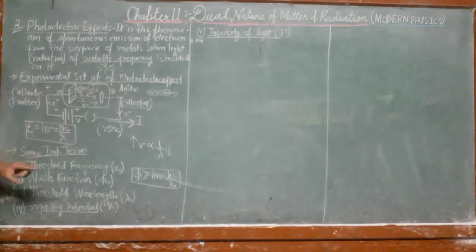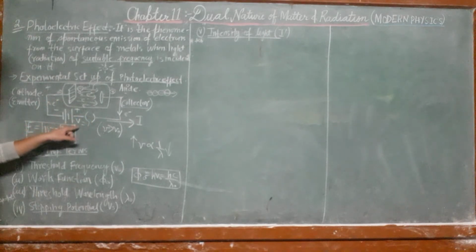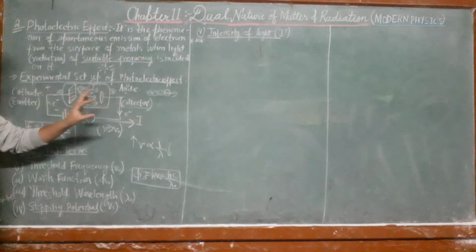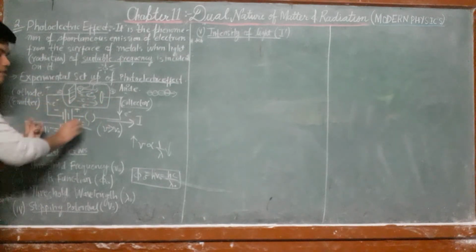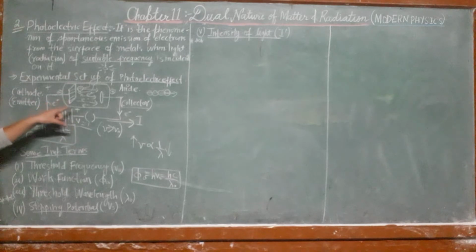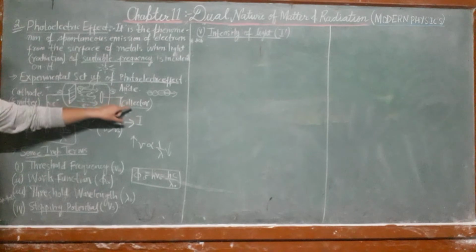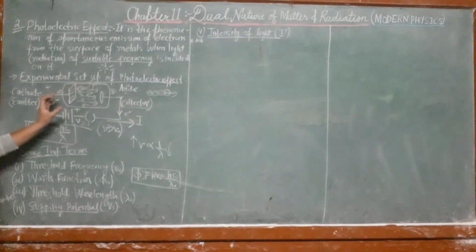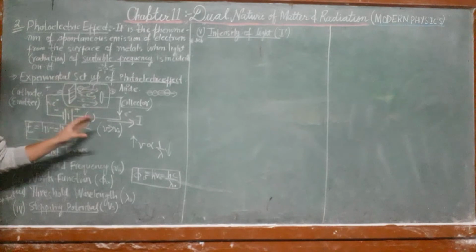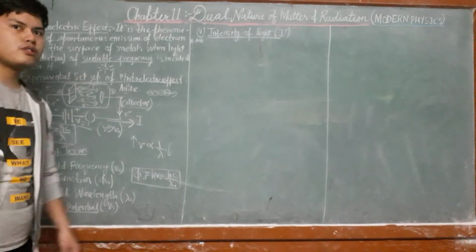At a certain value of V, the electrons are repelled by the negative plate. So stopping potential is the minimum negative potential set up at the collector side for which the photoelectric effect is ceased or stopped.